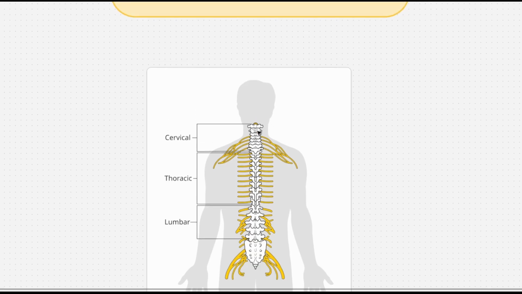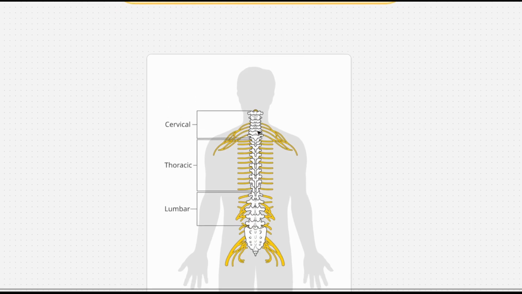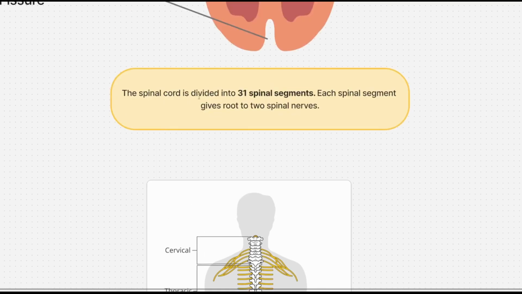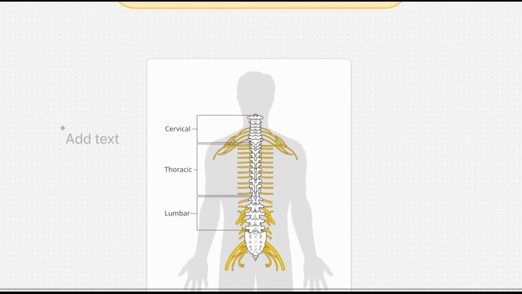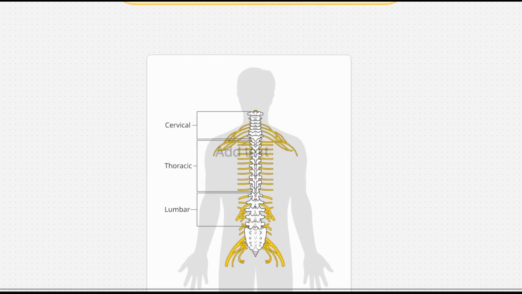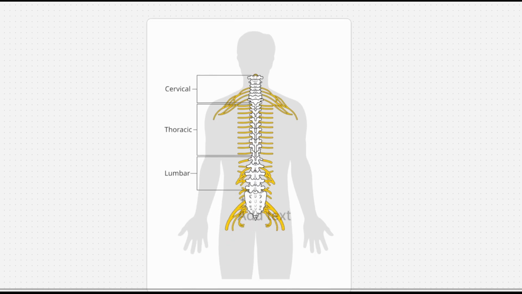So let me type this out. We said we have 31 spinal segments. We have cervical, thoracic, and lumbar, and we also have sacral and coccygeal, but they're not visible here.